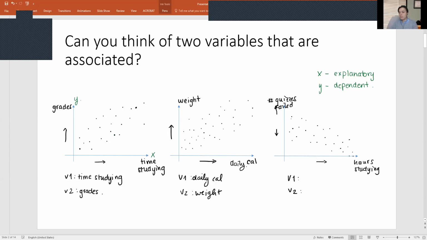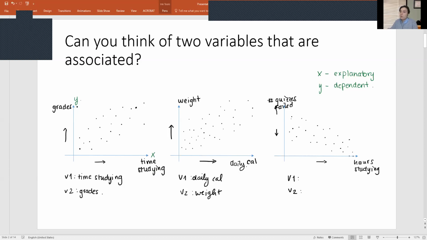So for example, here, if we have two variables, time studying and grades, then we have reason to believe that time studying is going to be an explanatory factor for grades, right? And less so that the grades are going to be an explanatory factor for the time studying. Although it could be, right?